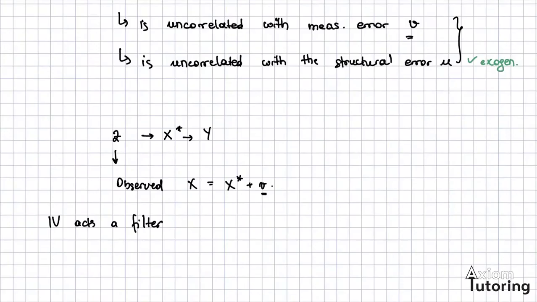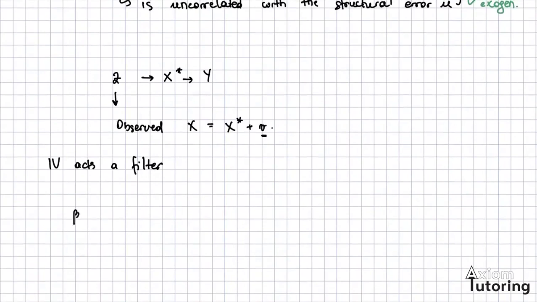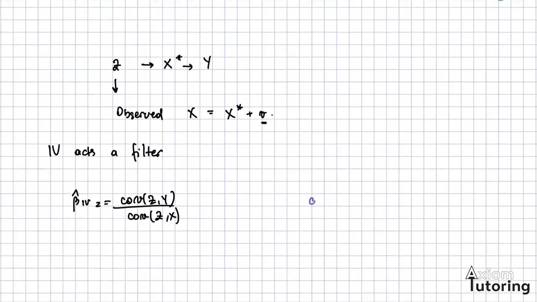Formally, in this case, remember, we have that beta hat IV is the covariance of Z and Y divided by the covariance of Z and X. Now, since Z is uncorrelated with V, the covariance between Z and X is actually just the covariance between Z and X star, okay?